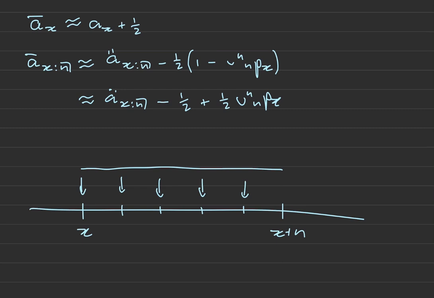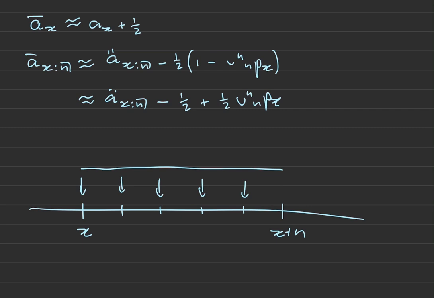Now, let me talk about select mortality, how we would deal with life annuity contracts that have select mortality. As before with assurances, it is no different in that all we are doing is notationally changing the life status from x to x in square brackets.